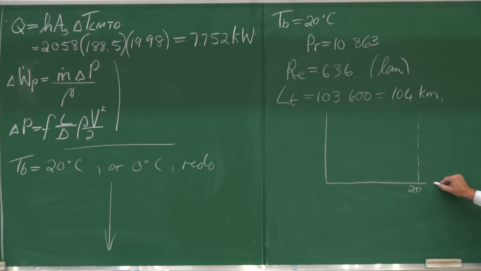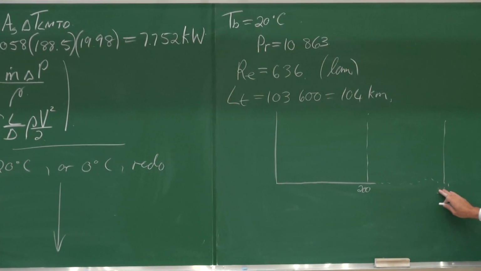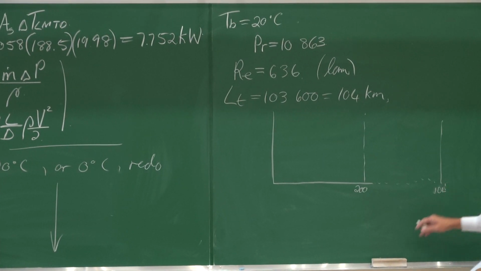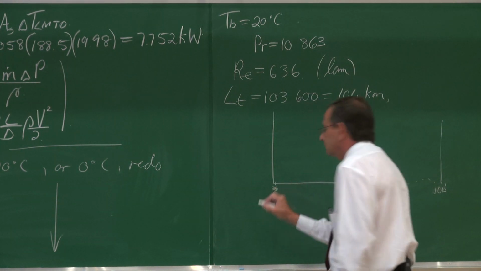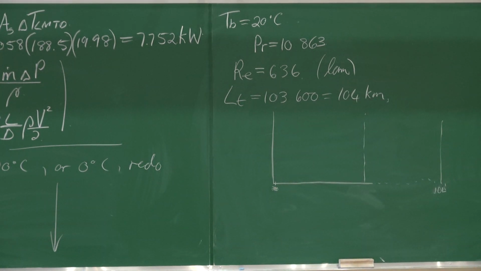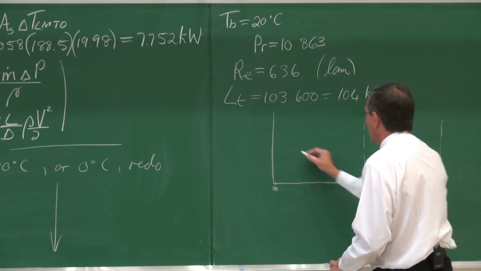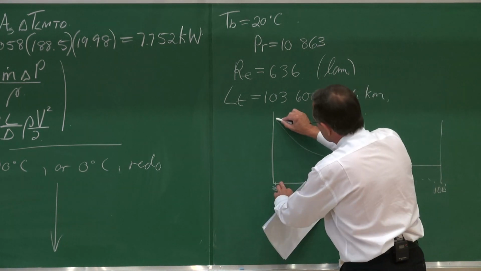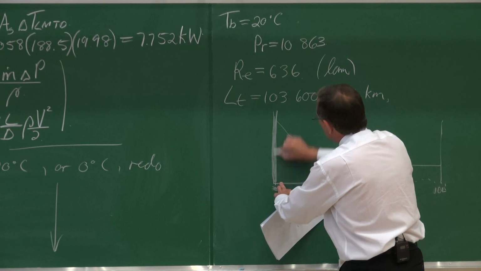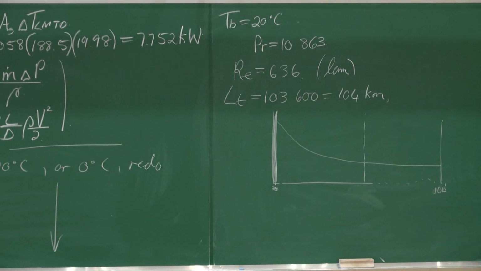If we extend this scale to 104 kilometers and scale it correctly, then our 200 meters is approximately there now. Therefore, what does it mean? It means that all the flow is in the developing region. You see that? Everything is developing, nothing is fully developed.